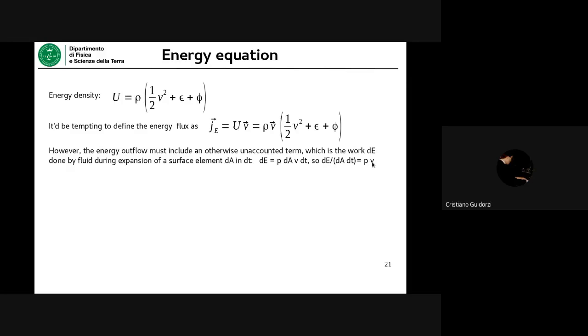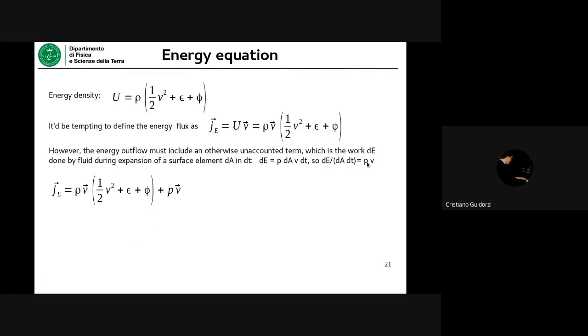And this work has to be taken into account, which is not, if you follow the line of reasoning, the naive line of reasoning that I was telling you before. So when you work out the energy flux, you also have to account, as I showed you here, this is energy per unit area per unit time that you have to spend. There's no way you can avoid it.